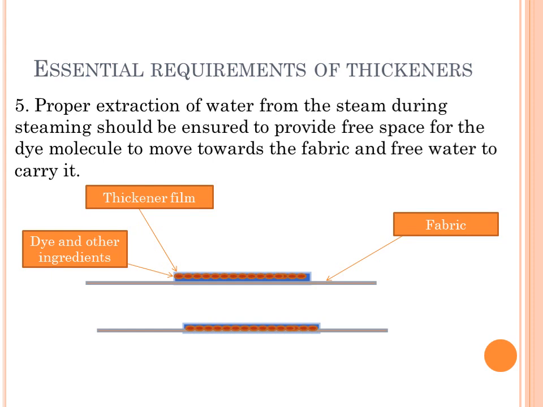Here we can see this is the fabric, this is the thickener, and these are the dye molecules. So it has to provide free space by extracting a sufficient amount of water from the steam so that the dye transfer will be efficient from the thickener film to the fabric.